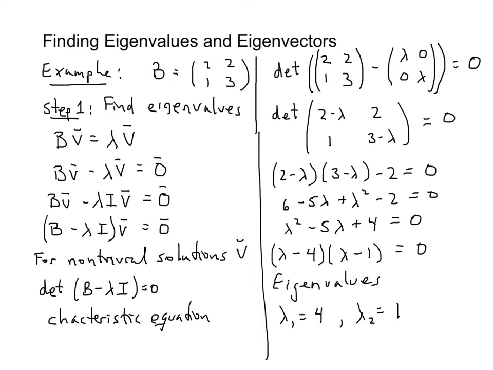Let's see if we can get to another go. All right, so our matrix B, again, is 2, 2, 1, 3. So in step 2, we find eigenvectors.